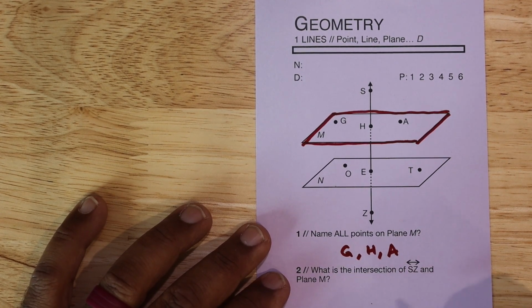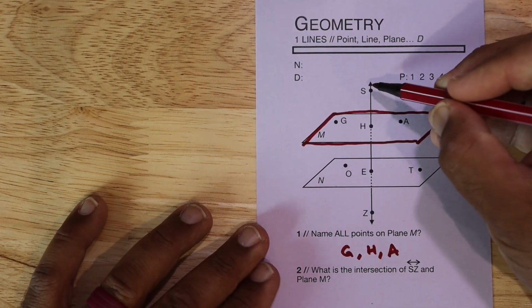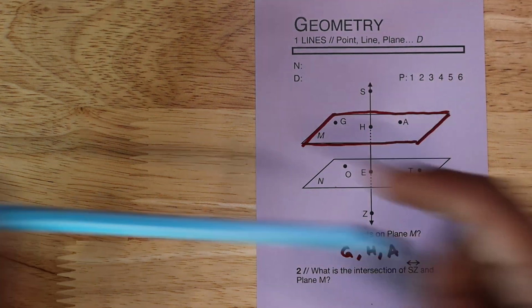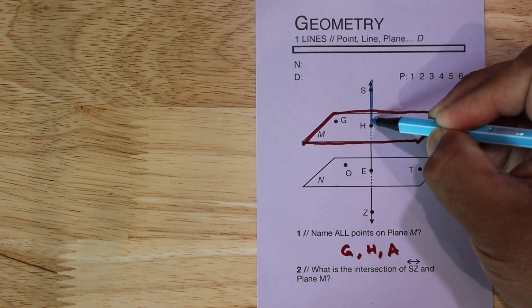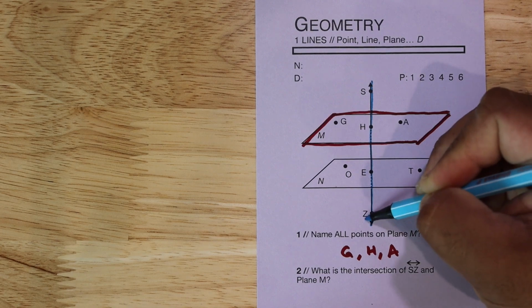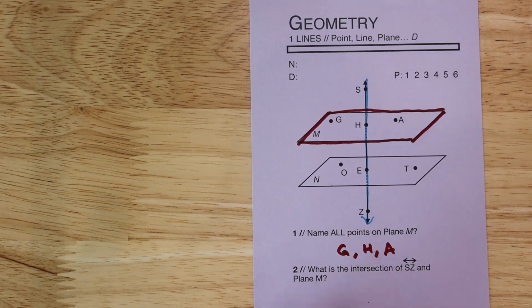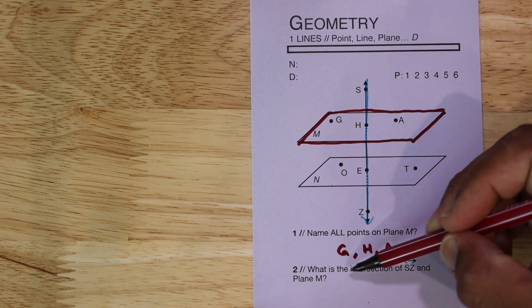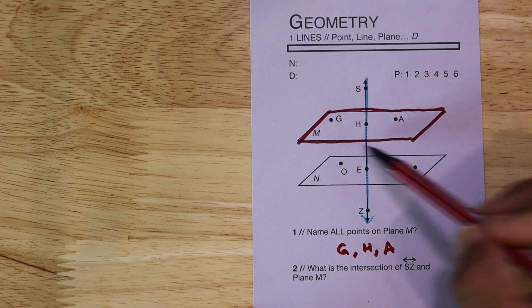Number 2, what's the intersection of SZ and plane M? So let's grab a different color here. SZ goes right down through the middle. And we're looking for the intersection of SZ and plane M. Plane M is up above.